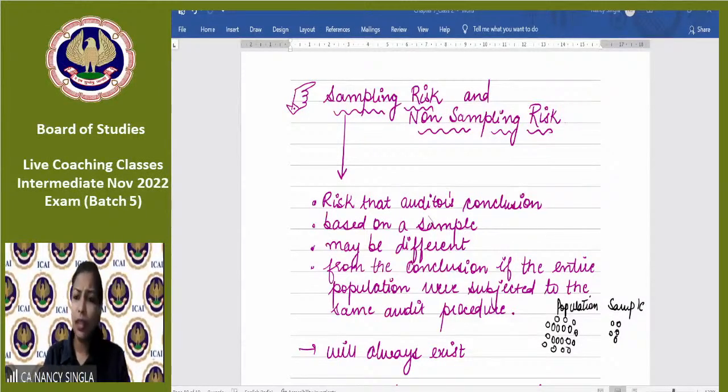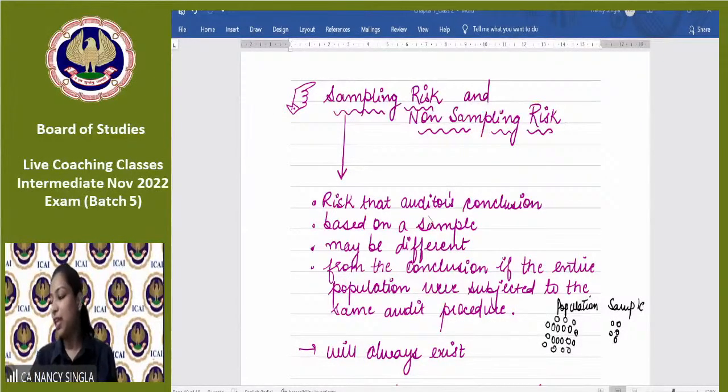Very simple. Sampling risk, as the name suggests, is the risk associated with the sampling activity. Risk is something which is not wanted here. If you remember, I have explained the concept of risk in chapter number 4.